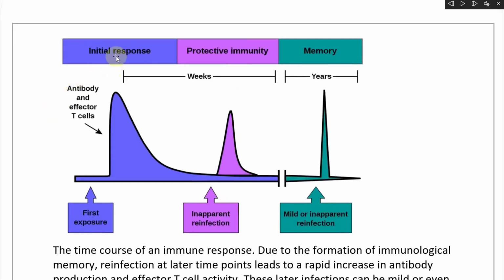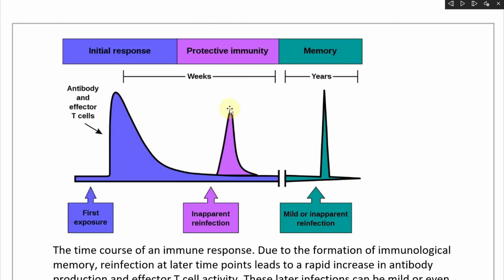So you have the initial response here. Here's first exposure. There's a boost in antibodies and effector T cells, which go after the pathogens. And then you have weeks over here. And so that's the initial response, which is high. And then as it goes down, here's an inapparent infection, which you don't notice that you're, quote, infected. But the T cells go up. There's protective immunity.